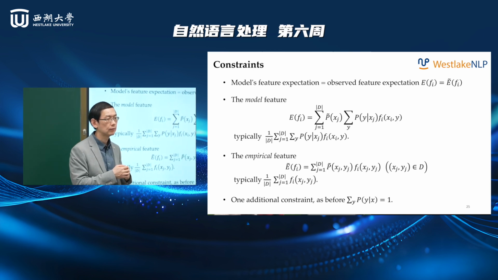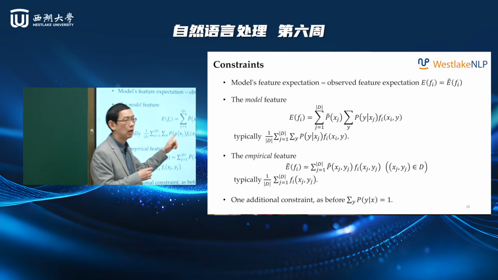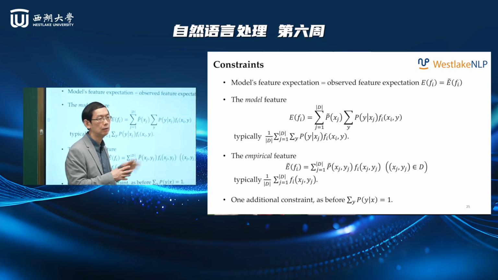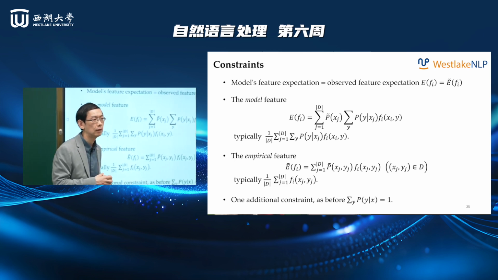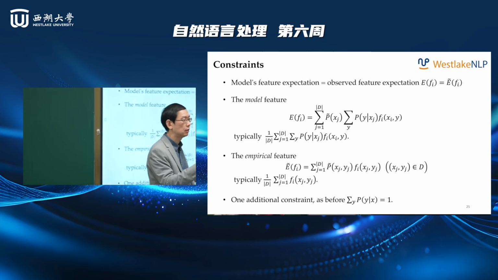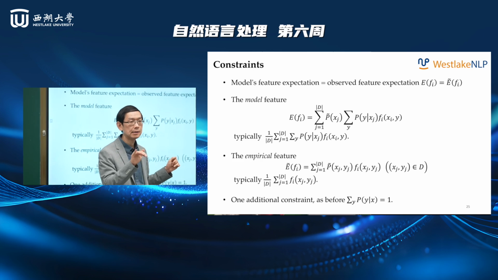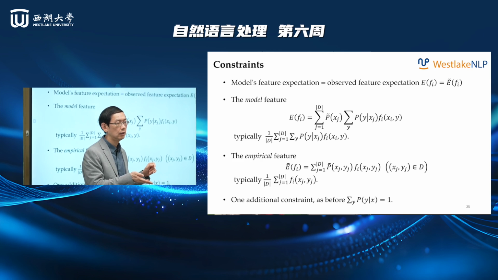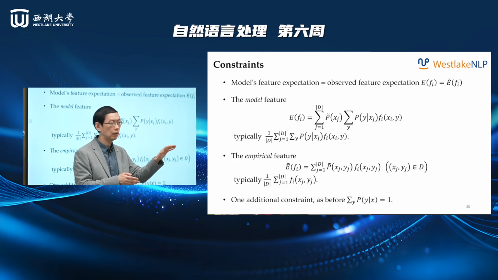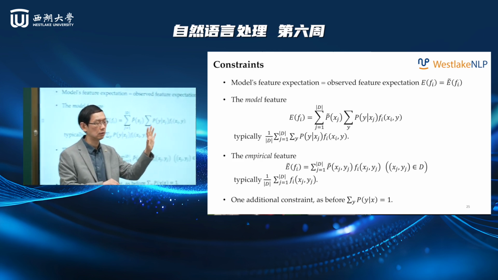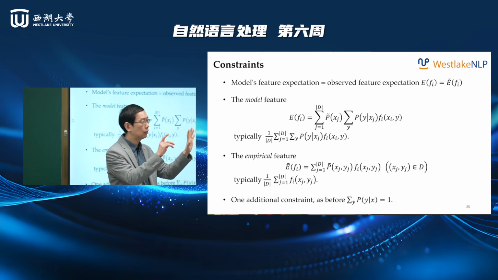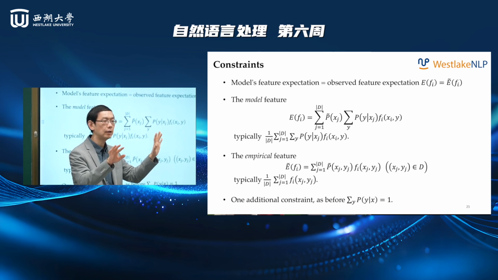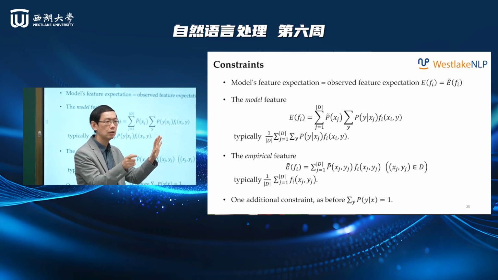Then for every possible output, I calculate the model probability of the output given the input, p(y given x). And then I count the feature instances in this xy pair. So given this document, I have 5 goals. If the model labels it sports, the probability is 0.9, so I use 0.9 times 5.